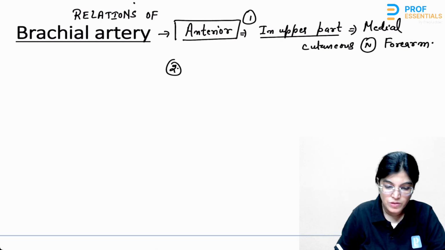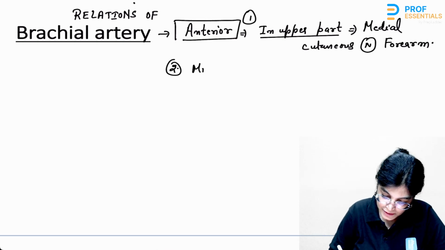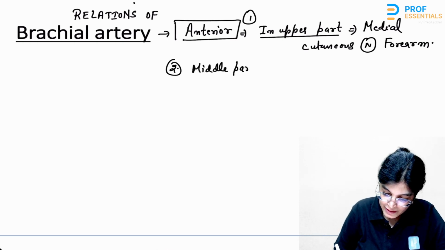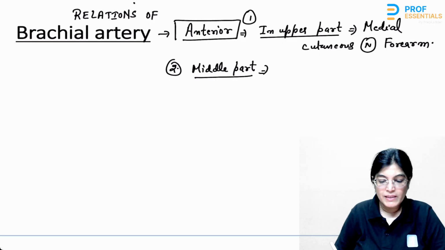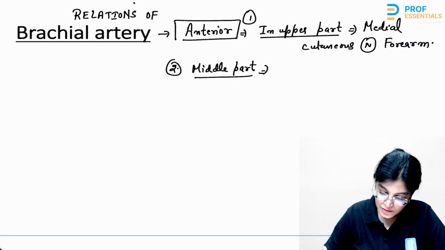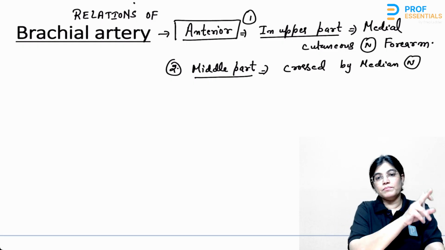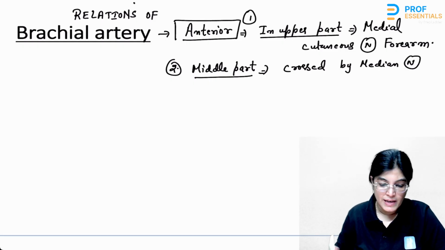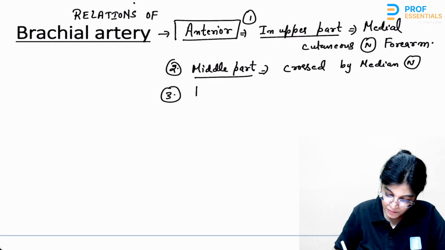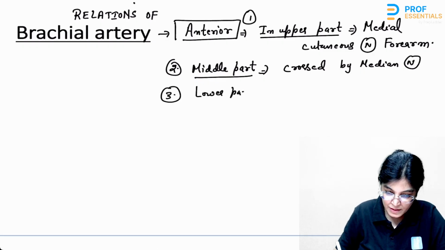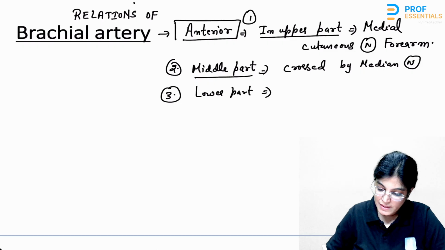Now talking about the relation in the middle part on the anterior aspect. In the middle part, it is crossed by the median nerve, which passes from the lateral to the medial aspect, and in the lower part, it is crossed by the bicipital aponeurosis.